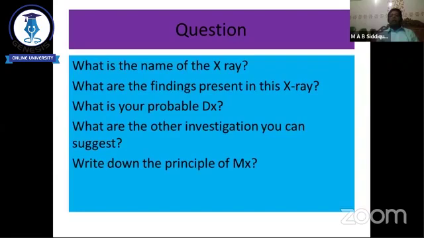What other investigations can you suggest? This barium follow through cannot confirm your diagnosis, but gives you some clue. To confirm your diagnosis, we can do a colonoscopy. With an expert colonoscopist, he can enter into the terminal ileum, as tuberculosis mostly affects the terminal ileum.